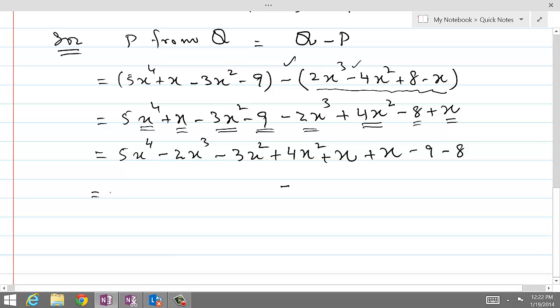Now these are the simple grouping and addition. So 5x4 will come as such, minus x cube will come as such, but because these are two like terms, we definitely are going to add them.